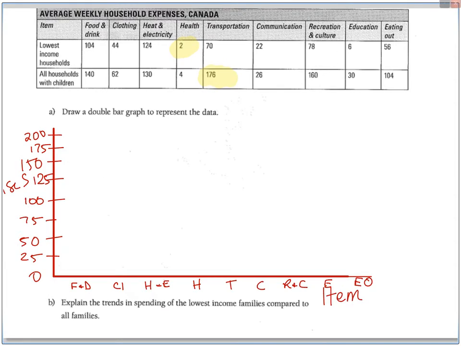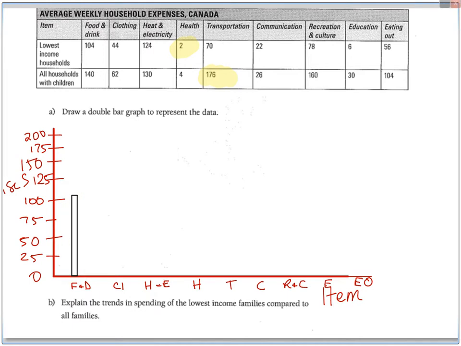Now I've got to do a double bar graph. That means for each category, I'm going to have 2 bars. Okay, so food and drink for the low-income households, those go to 104. So just past 100.